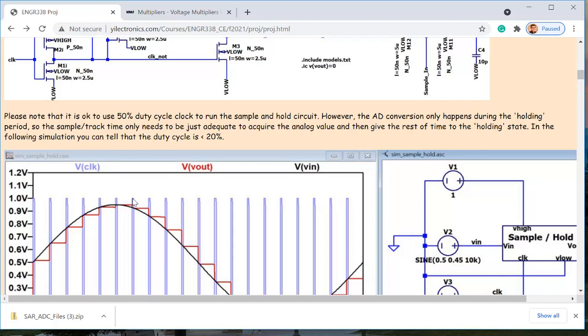The company selling the ADC chip is not going to have a data sheet telling you, I need a 15% duty cycle clock and a 25% duty cycle clock and a 35% duty cycle clock, and they have to be aligned in that way, and then you feed the clock to the ADC and it's going to work. No one's going to buy that. Too complicated. I just have one 50% duty cycle clock and do it. You can do it, cannot do it. I'm not going to buy your chip.